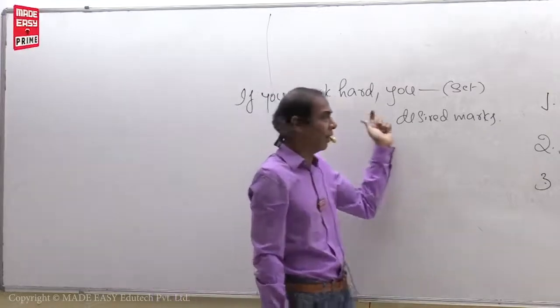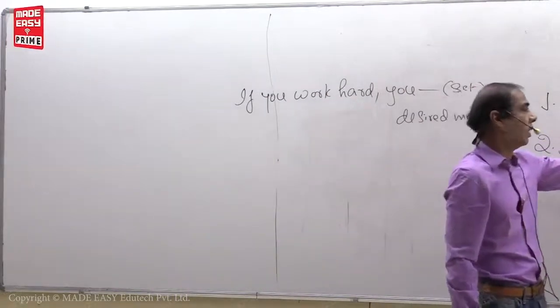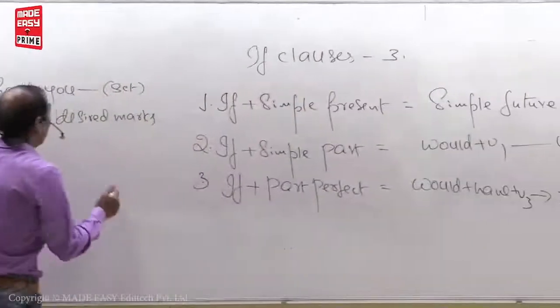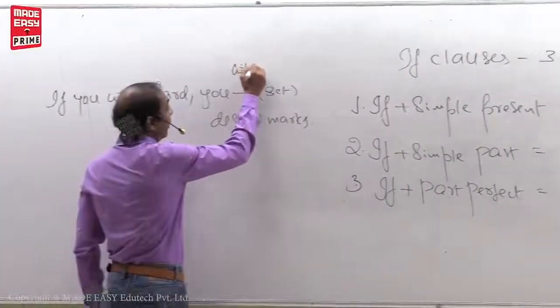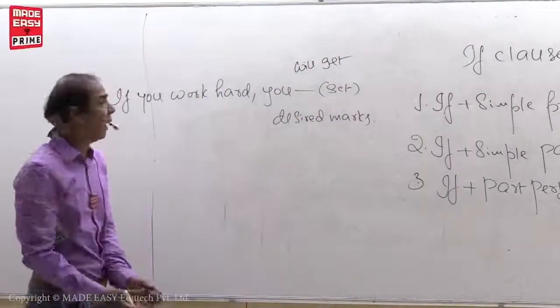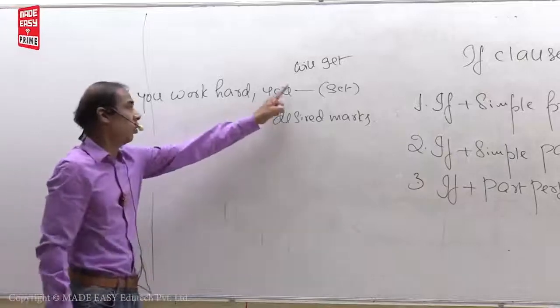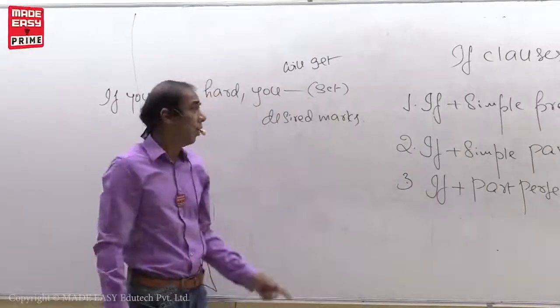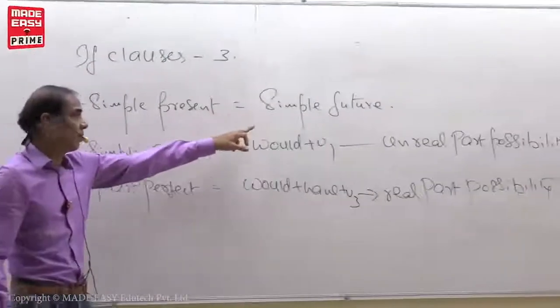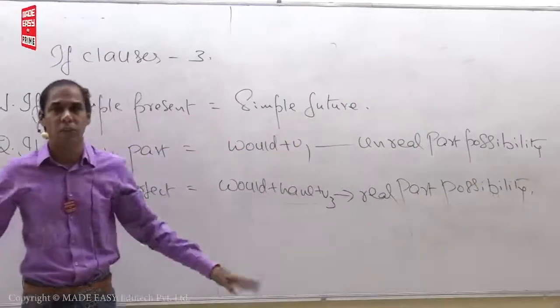When if is in present tense, the second sentence must be simple future. What is the form of the simple future? Will or shall plus V1. Okay? If you work hard, you will get desired marks. When if is in the form of present tense, the second sentence must be simple future.